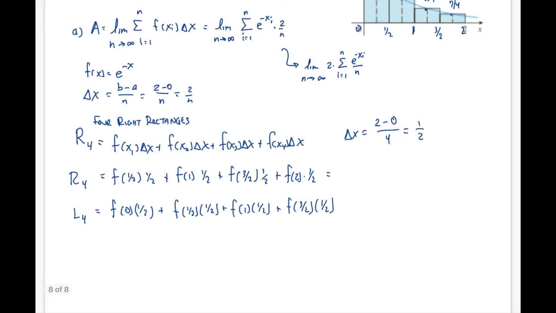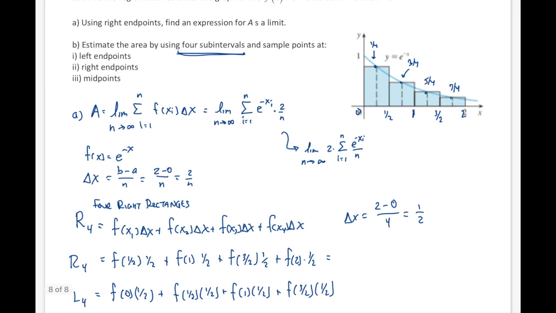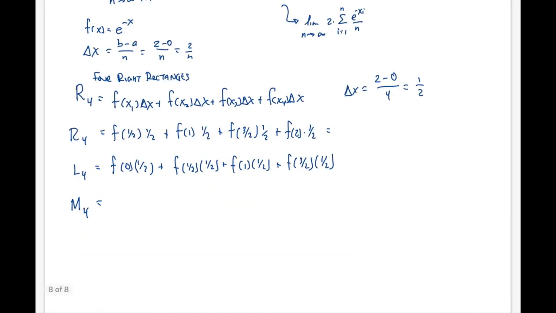Lastly, we can take rectangles starting in the middle. So I'm going to use an M for middle rectangles. We've got 4 intervals. Again, our width, delta x, is 1/2. We're going to have 4 rectangles. Now here, I'm going to reference the diagram. We've got rectangles built with the height defined in the middle of each interval. So 1/4, 3/4, 5/4, and 7/4.